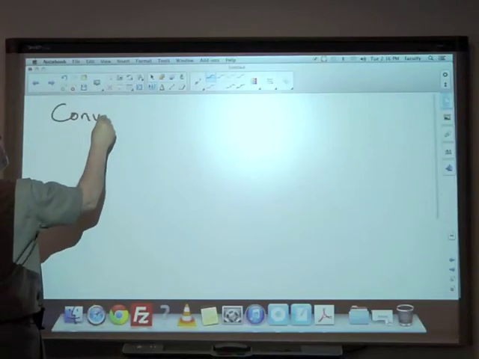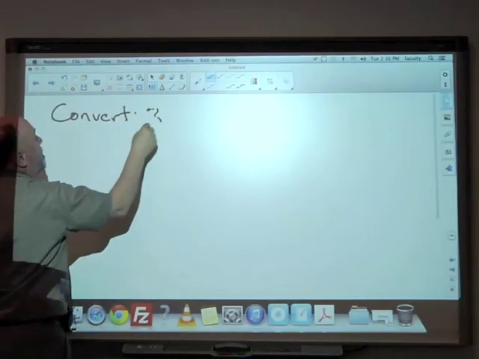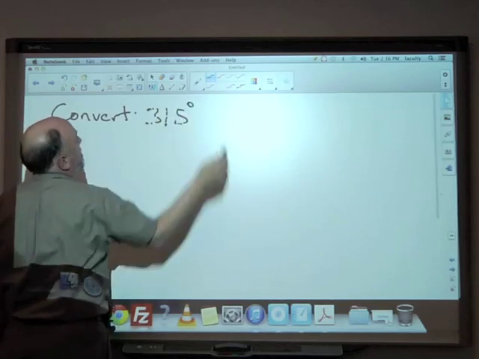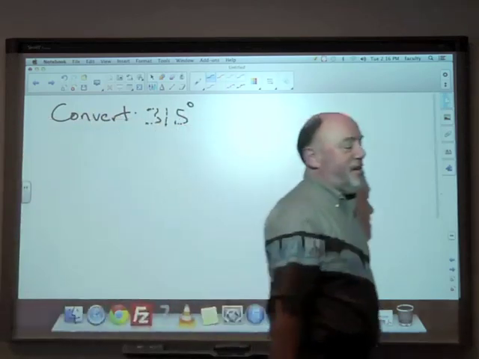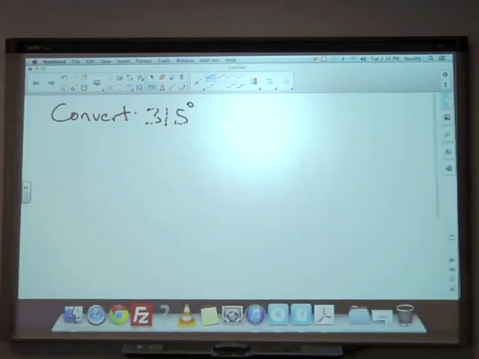Then, for example, do this. Convert 315 degrees into the corresponding radian measurement. Take a moment. Do it the same way as the last one I did. Take the 30 out, plug the 315 in that spot, and do it.